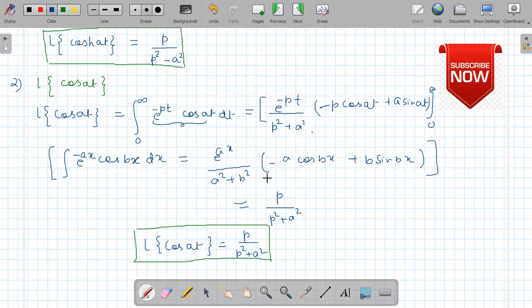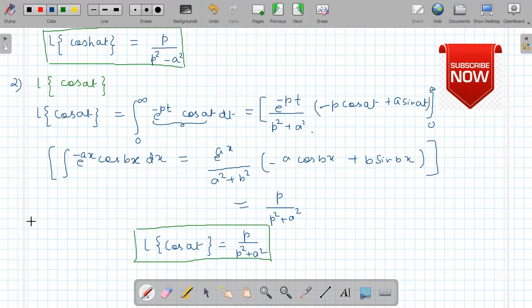So when you apply the upper limit, this expression will be 0, because e raised to the power minus infinity is always 0, and at the lower limit this will be 1, because when you put 0 in place of t, cos 0 is 1. So we have minus p, and because of the lower limit we have a negative sign also. So this is plus p and this is 0. So we have p upon p square plus a square.